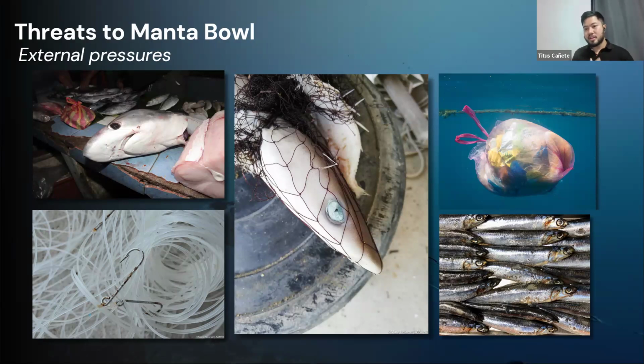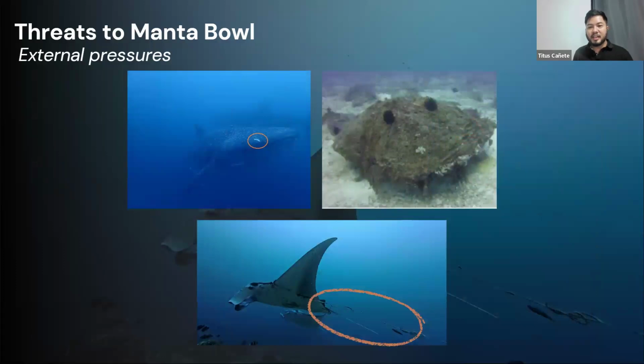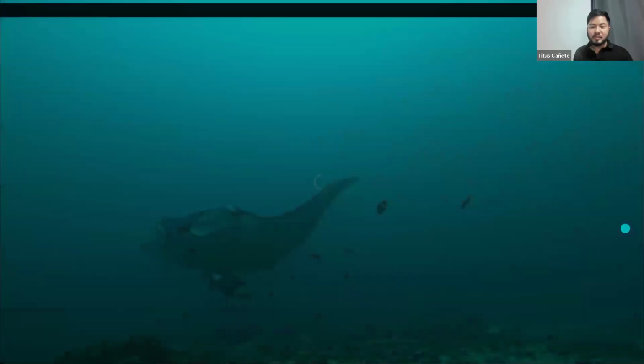We believe there's still targeted catch for these sharks, overfishing, marine debris. And this can also be seen in some of the footage that we've collected in our video systems. We've seen entanglement, we've seen injuries, we've seen ghost nets covering some of the reefs in the manta bowl.